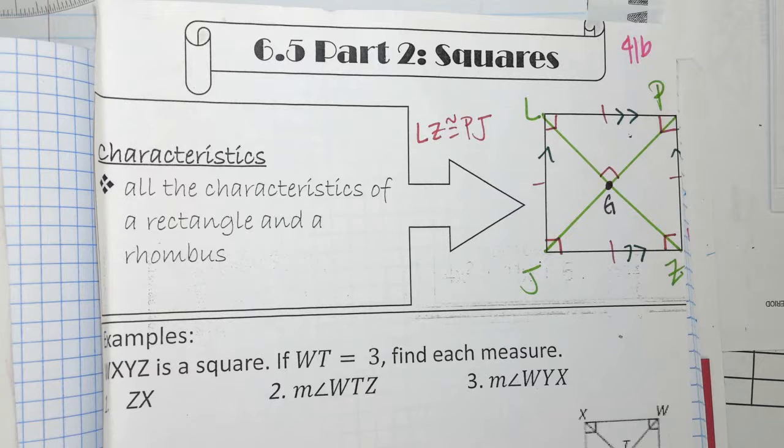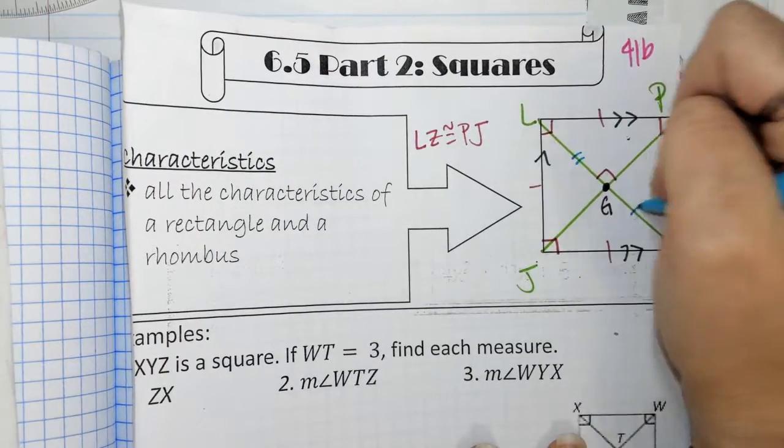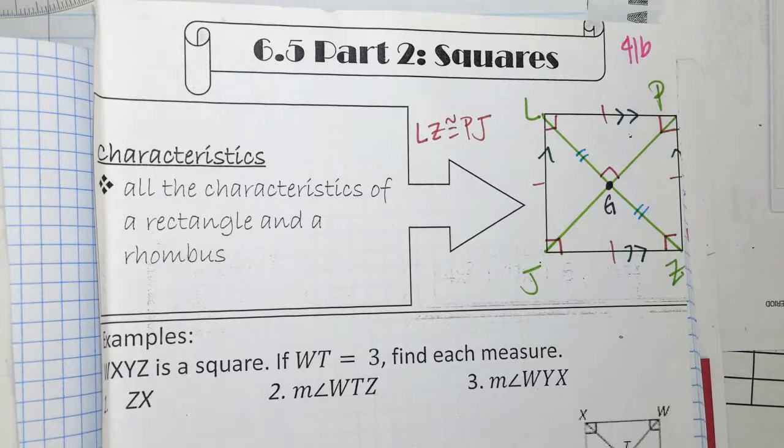What do we know about the length of LG and ZG? They are congruent. Look at us go. Take a point. What about JG and PG? Are they congruent to LG? So how many tick marks should I put?